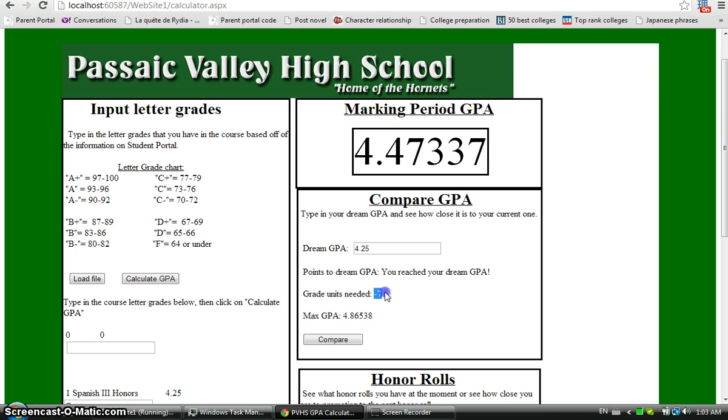That means for -7, if you get a negative value, that's actually pretty good. You got higher than your dream GPA, and this merely means that you need to maintain it. So that means your grade has to decrease seven times in order for you to lose your standing of your dream GPA.